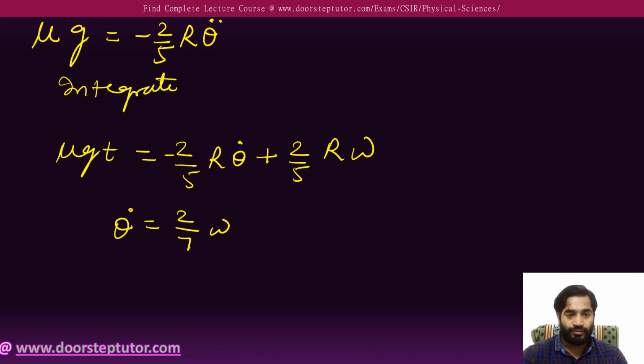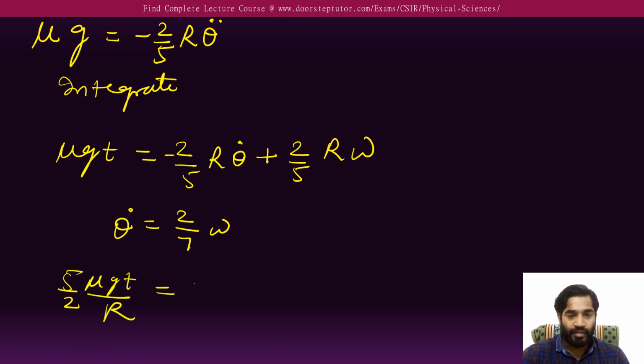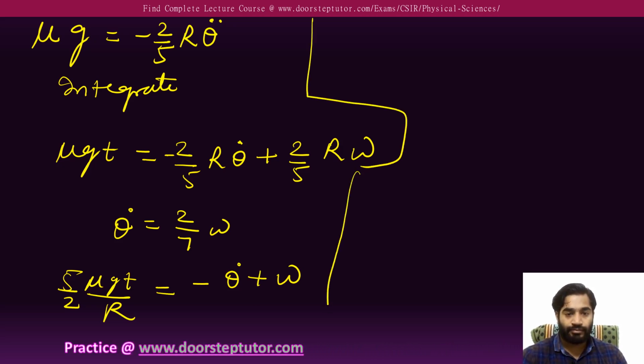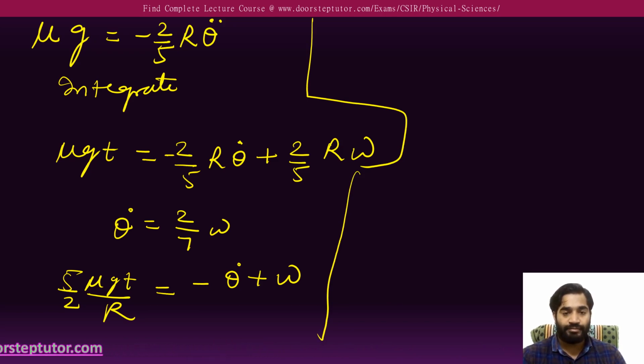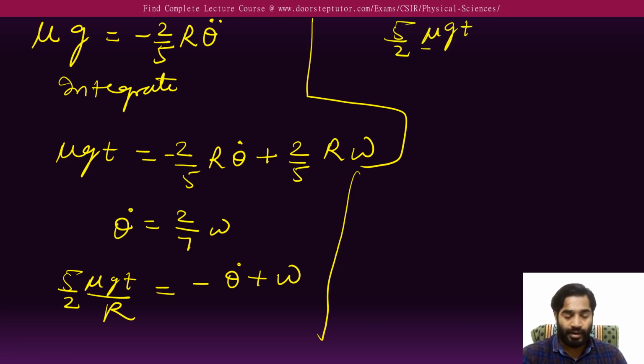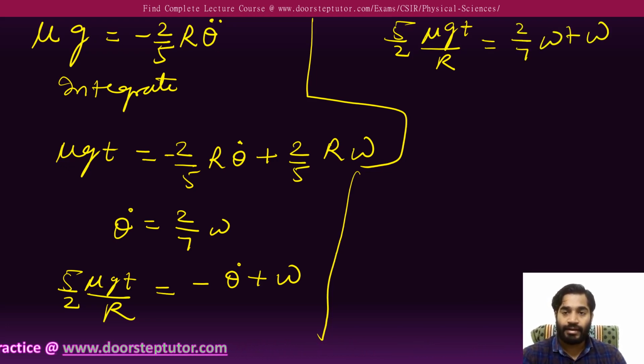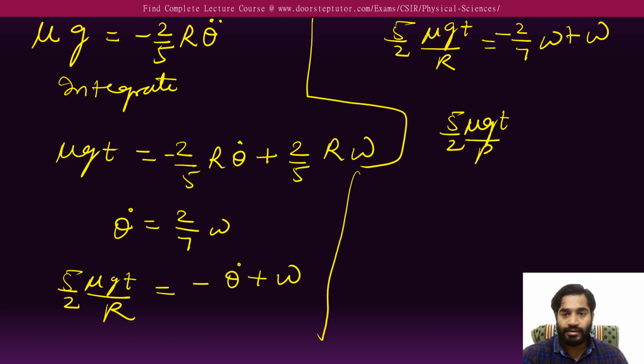So I get 5 by 2 mu g t over r, and we remain with minus theta dot plus omega. Putting theta dot as 2 by 7 omega, 5 by 2 mu g t by r equals minus 2 by 7 omega plus omega, which is 5 by 7 omega.